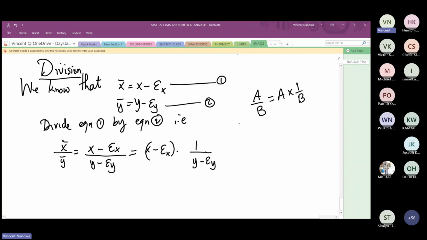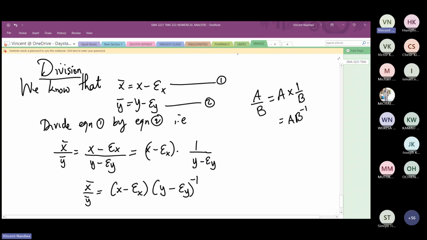And if I don't want to write 1 over b, I can write b to the power negative 1, the b inverse. So x over y is nothing but x minus error in x times y minus error in y raised to the power negative 1.